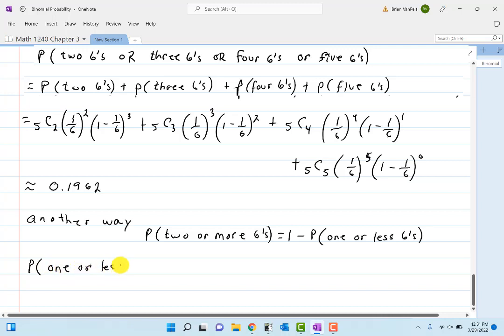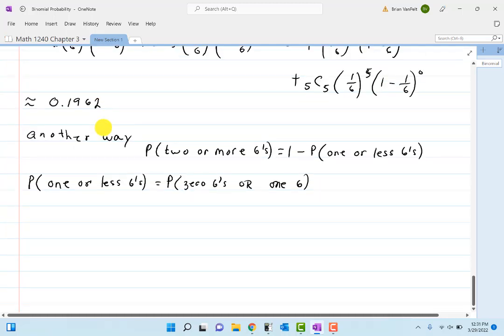This probability here, the probability of 1 or less sixes, that's the same as the probability of 0 sixes or 1 six.